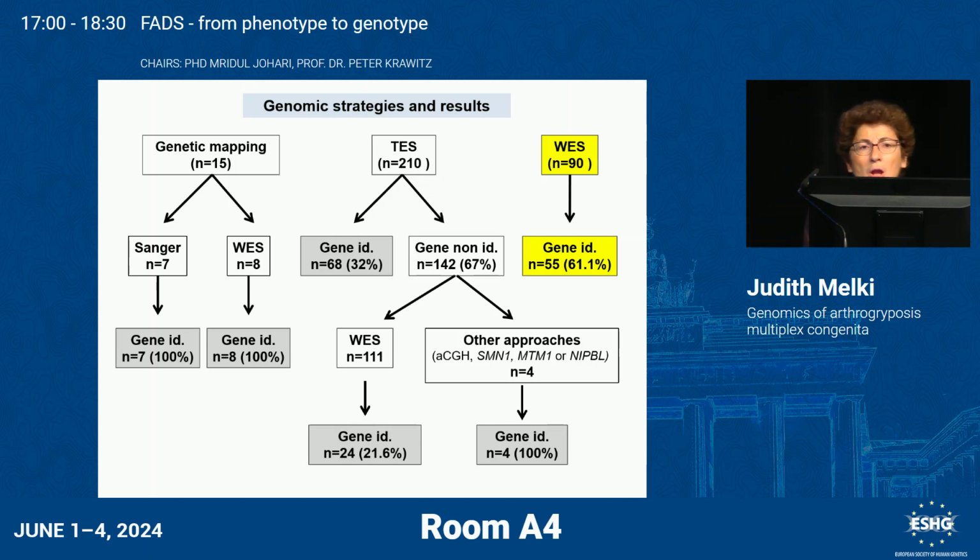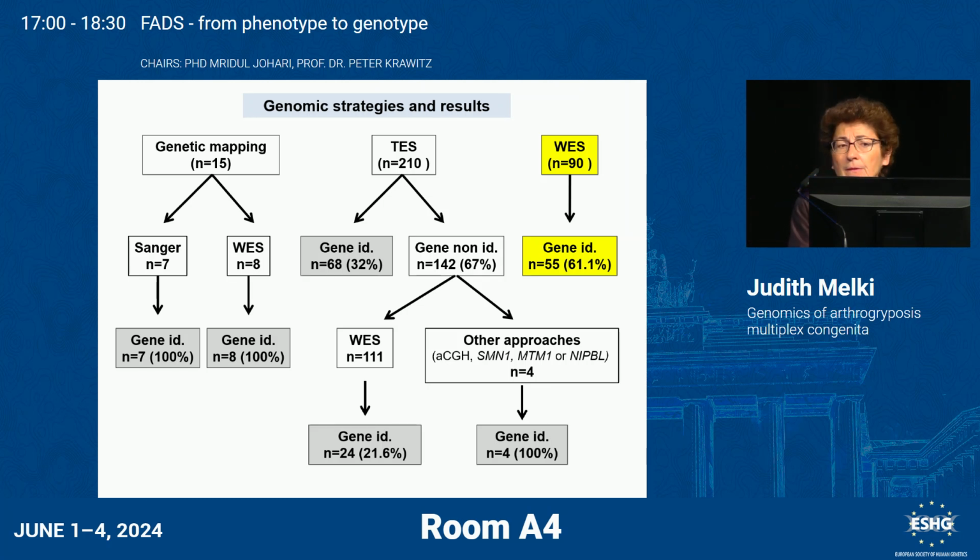The genomic strategies that we applied in the frame of research, I have to mention, was first genetic mapping a couple of years ago, when whole exome sequencing was not yet available. It was performed in familial cases and or consanguineous families, and the gene was identified in 100% of cases.